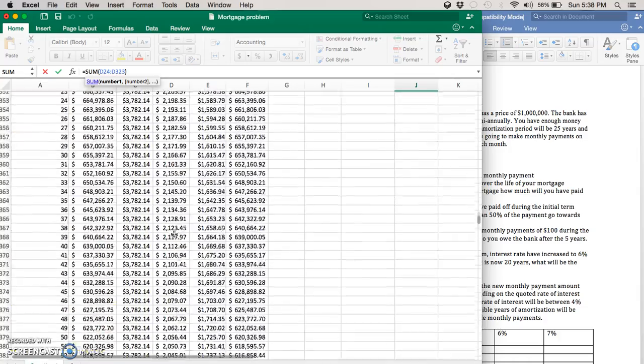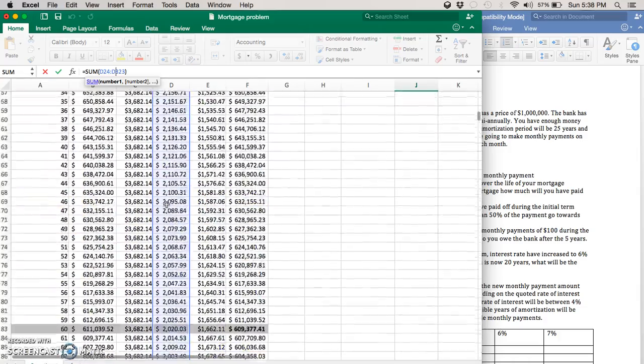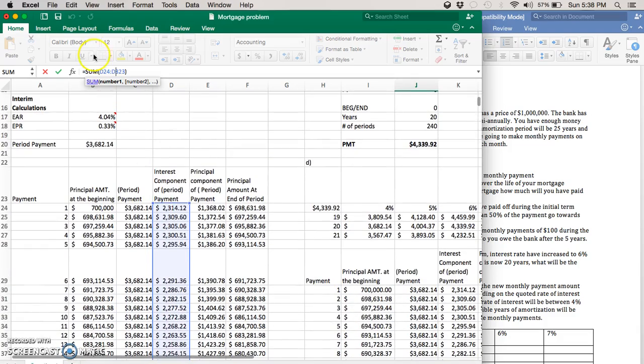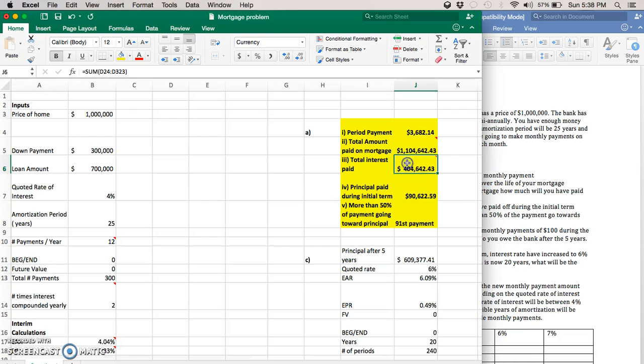So you don't have to scroll through, you can just type in the range. You just find where the last interest payment will be on the 300th payment, and you would simply type in the reference right here into the cell, and then you press enter, and then Excel adds everything up and it gives you a final answer right there.